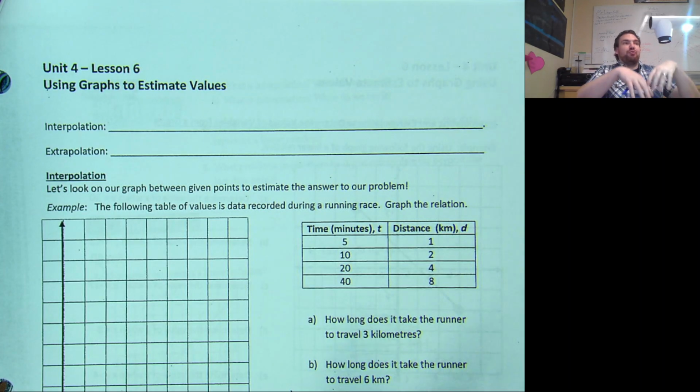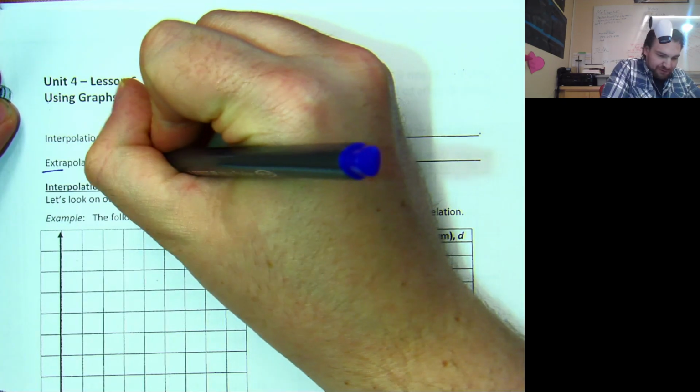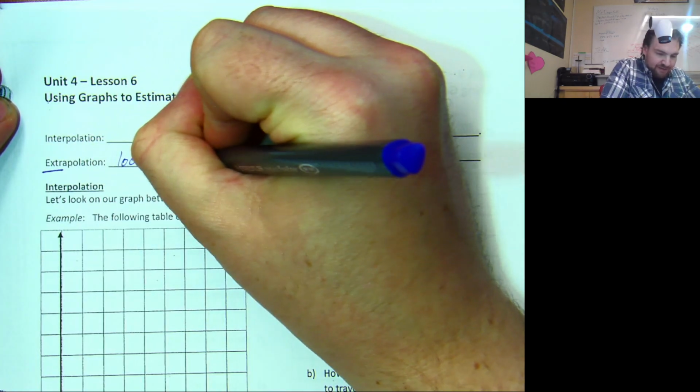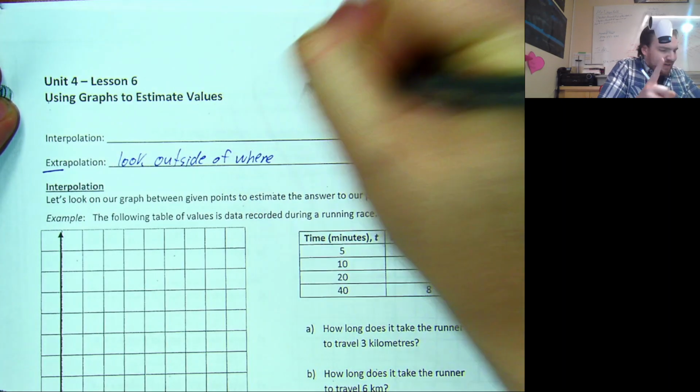So we're clearly not going to be doing this. But if we're extrapolating something, it's the same prefix there. The beginning of the word is the same. So what we're going to do is look outside of where we are when we extrapolate. We're going to look outside of where we are, which is going to make more sense when we actually do it.